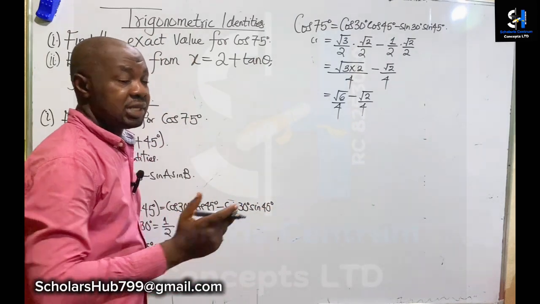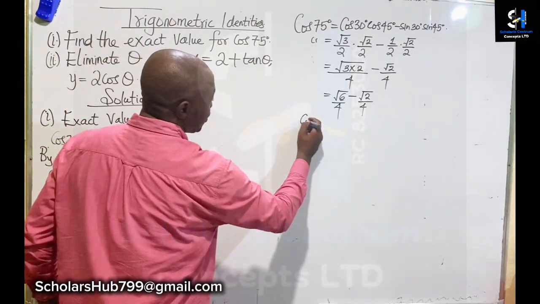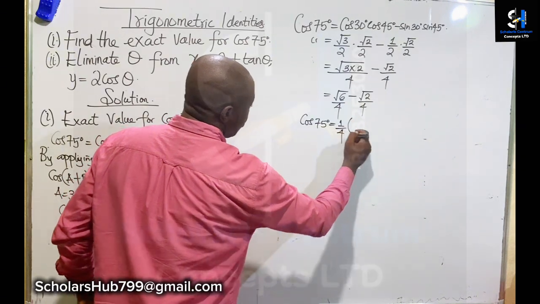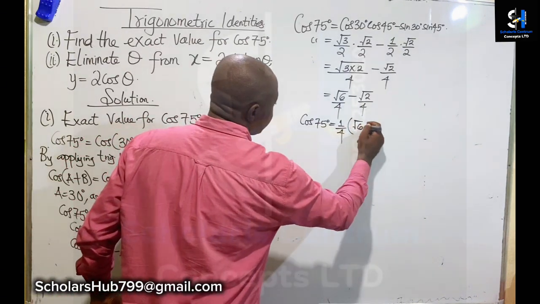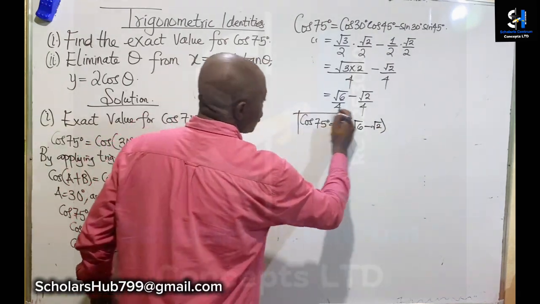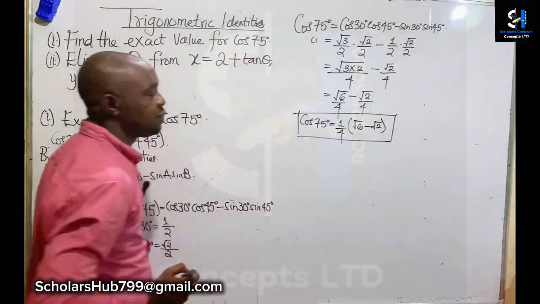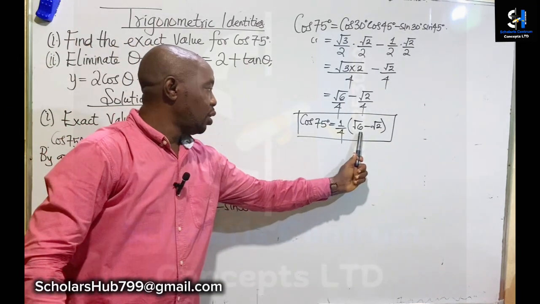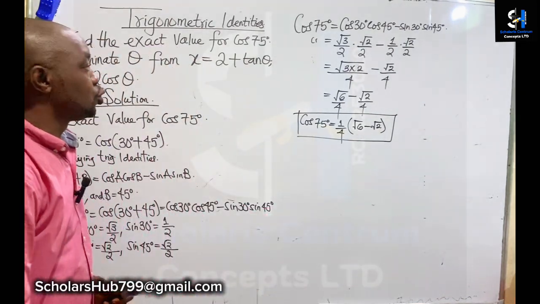With the same denominator, cos 75 degrees will be 1/4 of the difference between root 6 and root 2. So the exact value for cos 75 degrees is 1/4 (root 6 minus root 2).